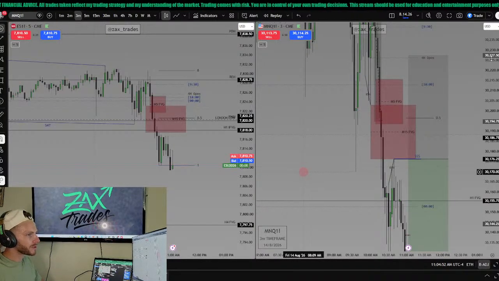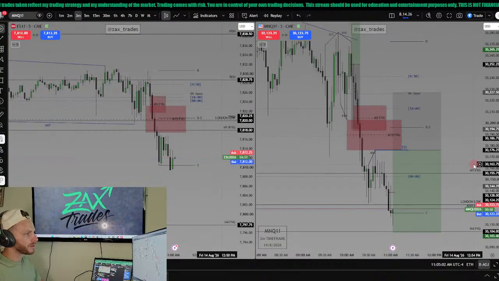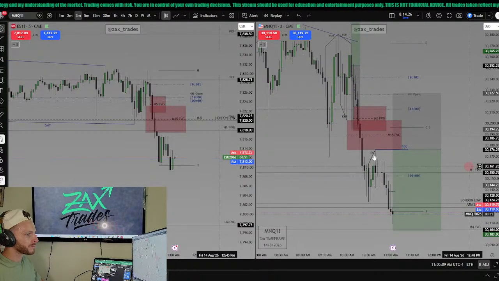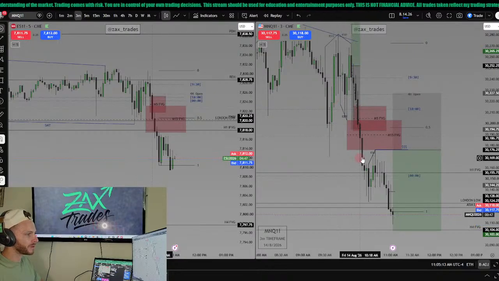I'm looking at even the 3 minute because I was running off the 5 minute already. And bro, even on the 3 minute, I don't know if I would have gotten an entry. Even this pullback here on the 3 minute is not even a point of interest. Your points of interest again are up here, even on the 3 minute.